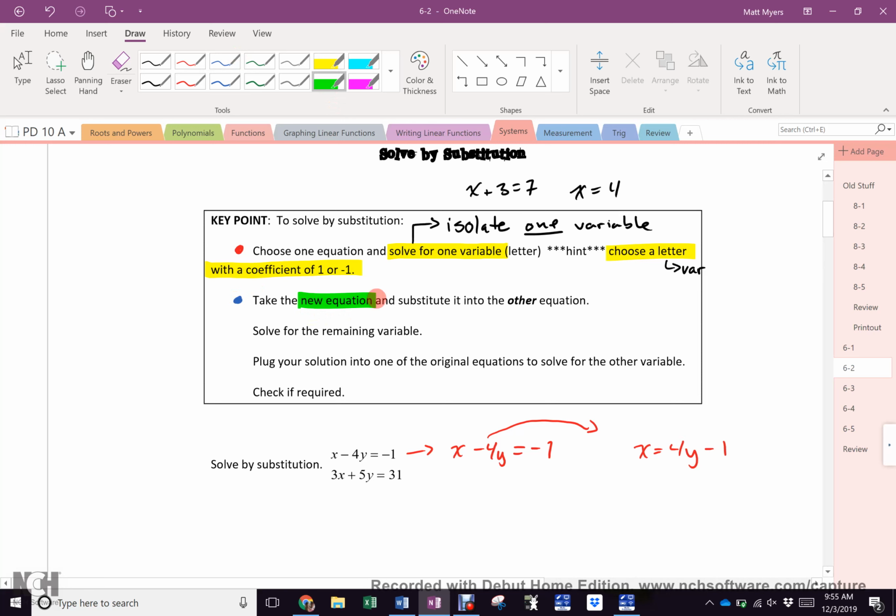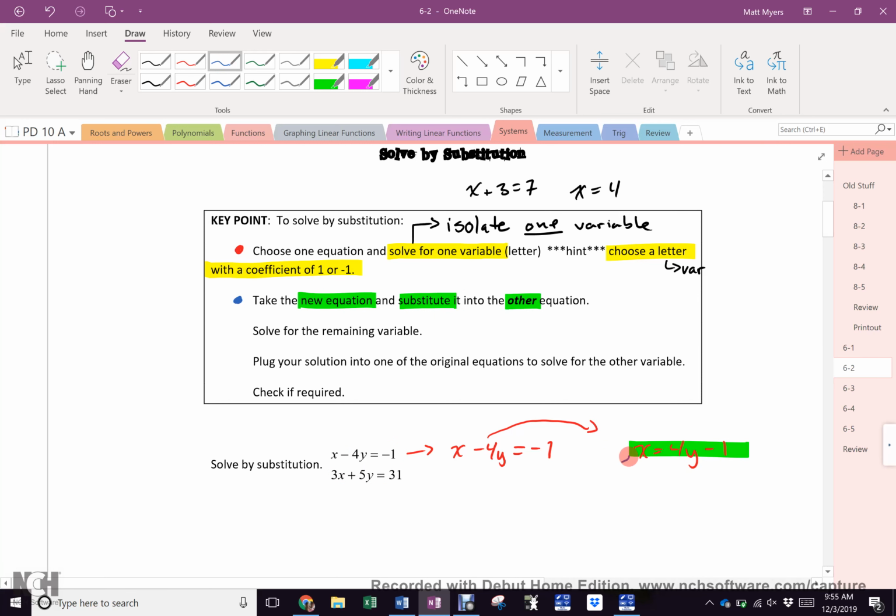What do you mean new equation? Well, we just made one. Isn't that new? Is that equation anywhere in the question written that way? Not written that way. So we have a new equation, don't we? Take that new equation and substitute it into the other equation. What? That's crazy talk, except it's not.